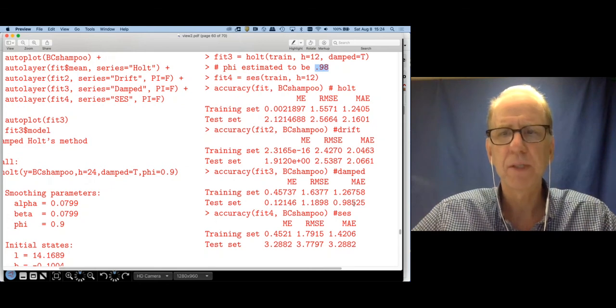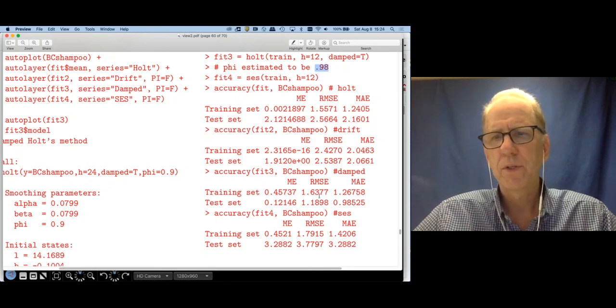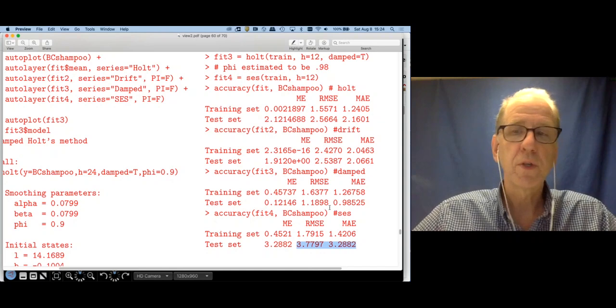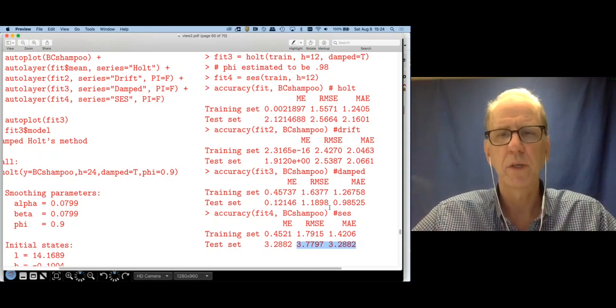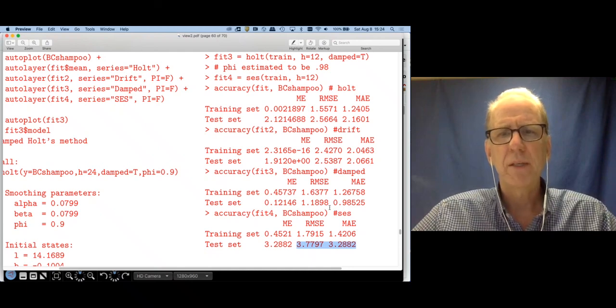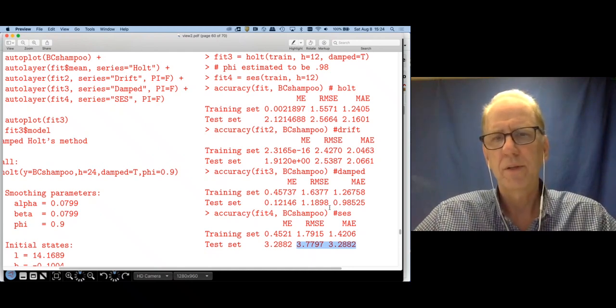So that's a big deal. Of course, the simple exponential smoothing is a disaster. So the test set errors are pretty poor compared to the other methods. You shouldn't be using simple exponential smoothing here because you have a trend. So that's kind of an important lesson.